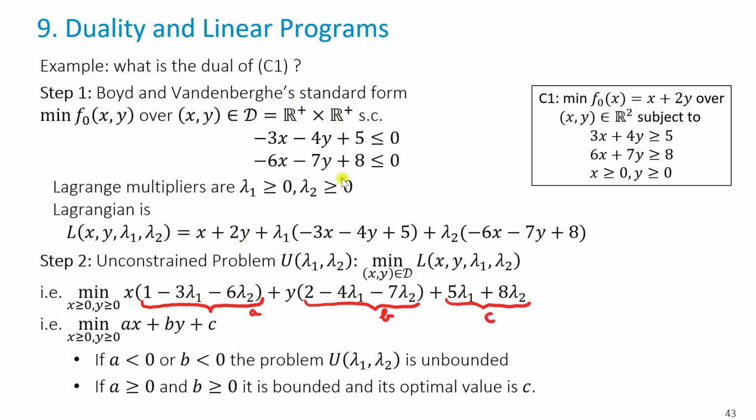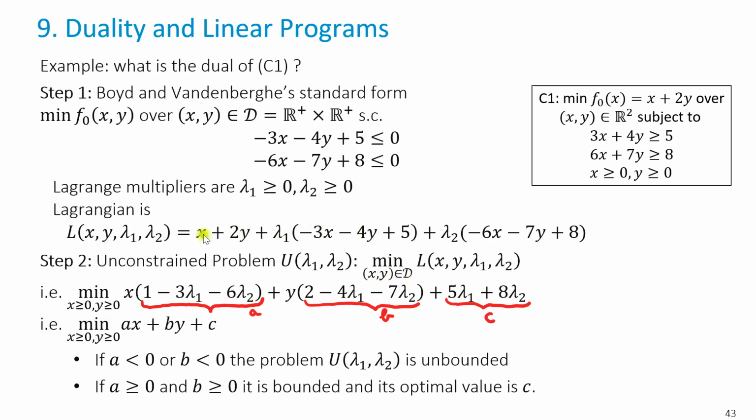So remember that once we have put that into the standard form, the next step is to replace the constrained problem by the unconstrained problem, where we've put the constraints into the objective, which is the Lagrangian. So the unconstrained problem has one instance for every value of the Lagrange multiplier. So u of lambda 1, lambda 2 is: minimize this expression. Now this expression we minimize over x and y in the definition set of the initial objective function here. So we impose x and y to be non-negative here.